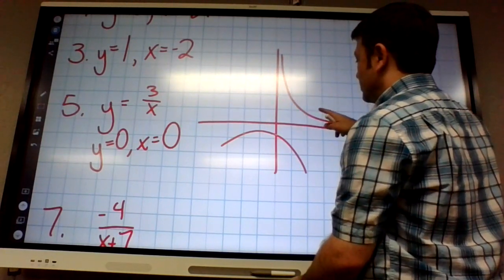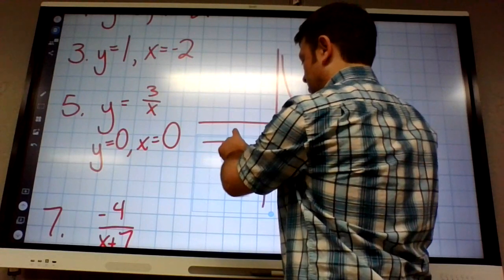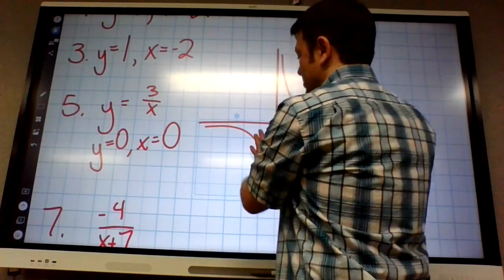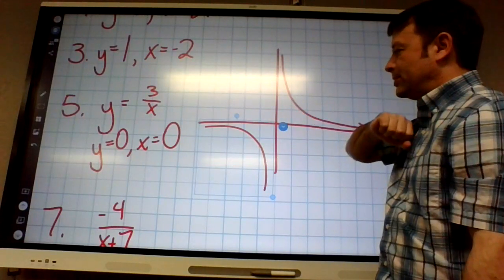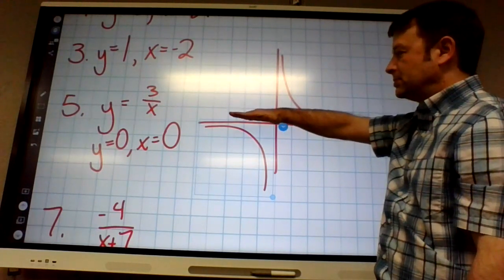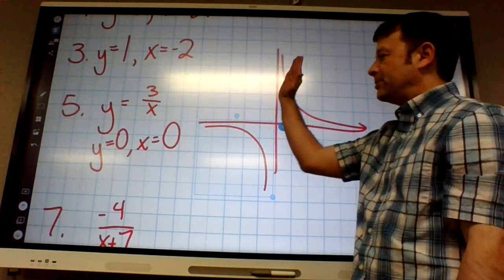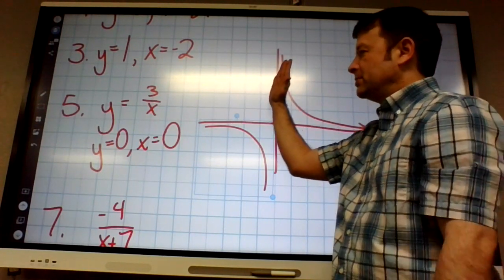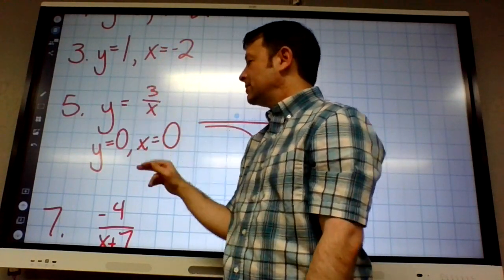So the horizontal asymptote would be what? Y equals 0. The vertical asymptote would be, it's over here, so x equals -7.